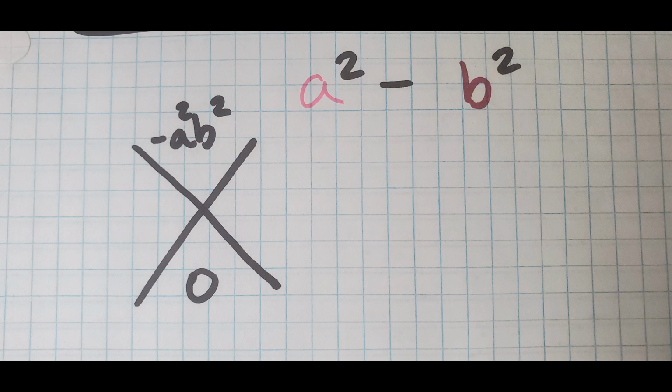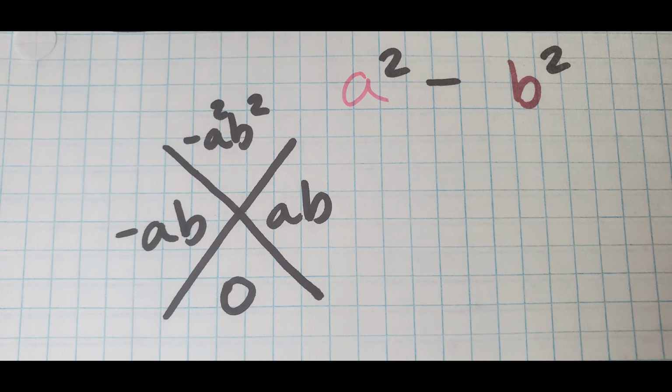To solve this diamond problem, I have to figure out what multiplies to make the top and adds up to make the bottom. This is kind of a hard one, to be fair. What you end up getting is negative AB times AB, because if you add those up, they add to 0, and if you multiply them, you get negative A squared times B squared.